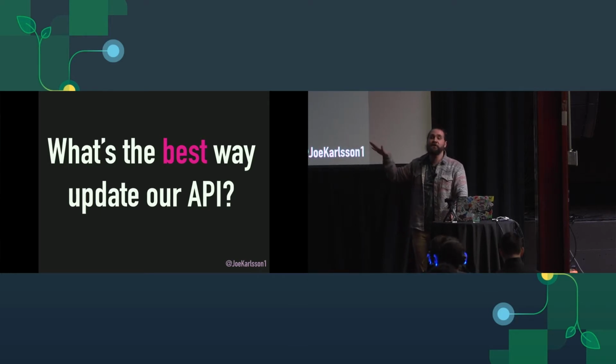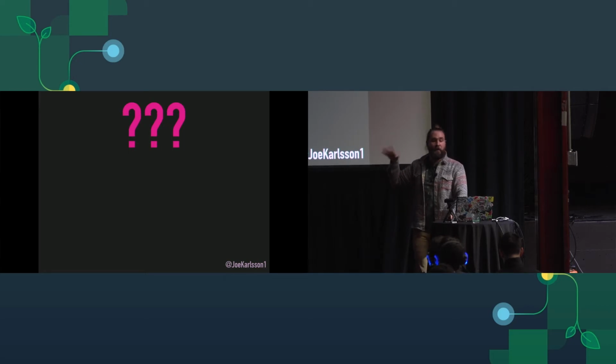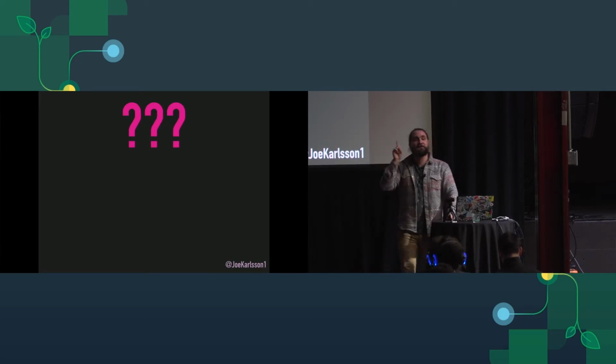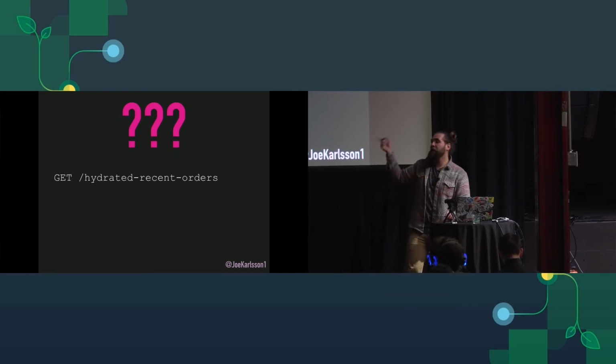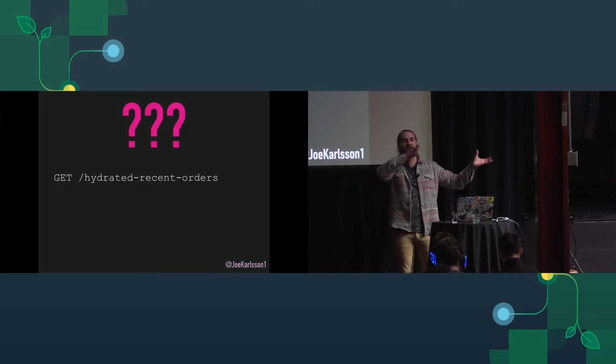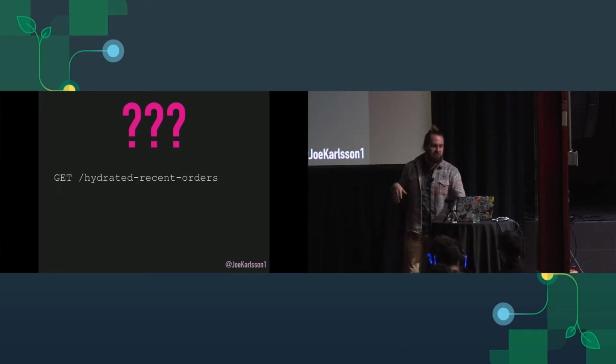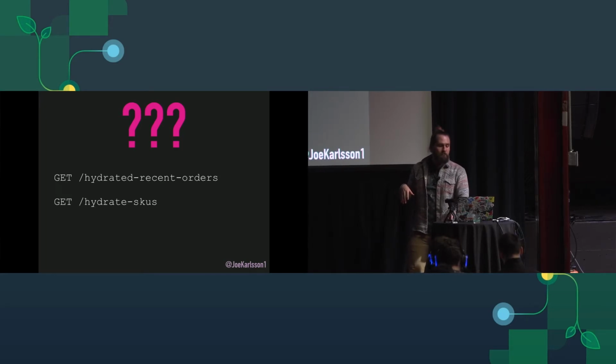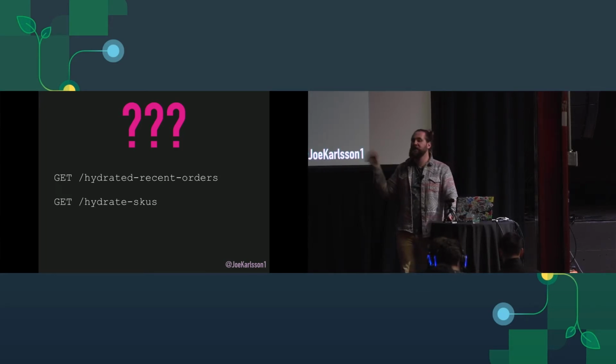What's the best way to do this? Well, it's a hypothetical question, but there's a lot of different ways to fulfill this order as a back-end API developer. For example, I could make a brand new API called hydrated recent orders. Takes the same input, just returns hydrated product information. Or maybe I could do it like this, right?